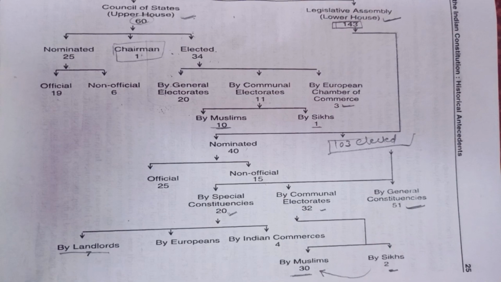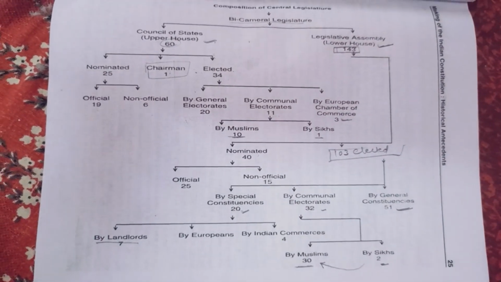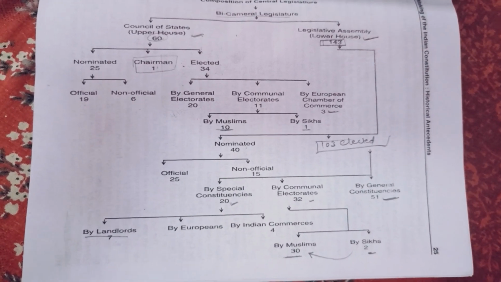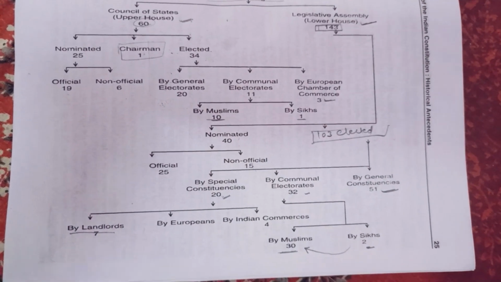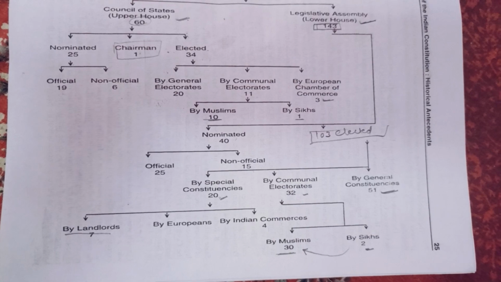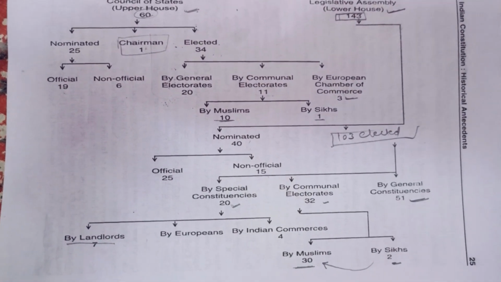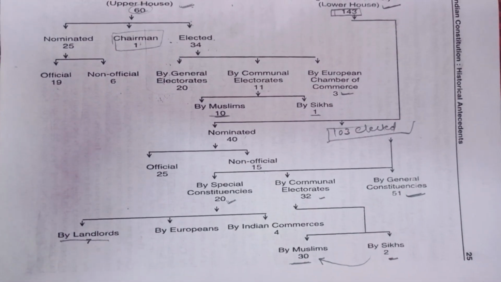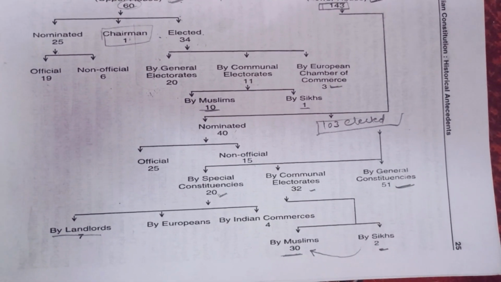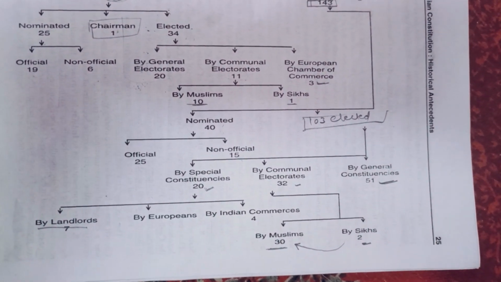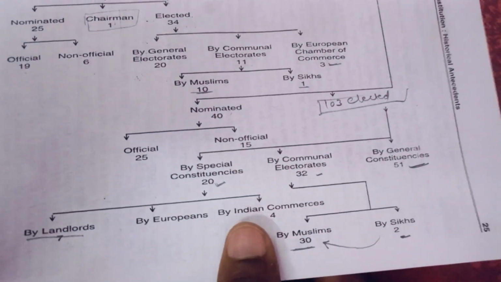Further, it leads to the demand of the other communities for getting the same rights. And we have seen that after Turkey, when the British went against Turkey, Muslims and Hindus came together with the INC and revolted against the British.